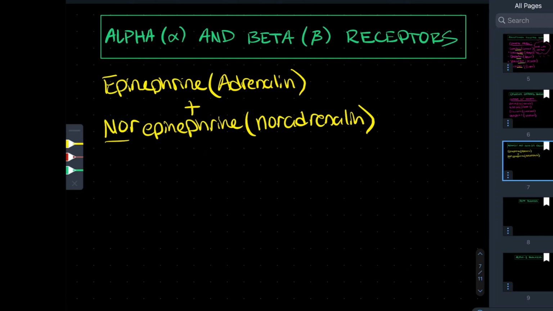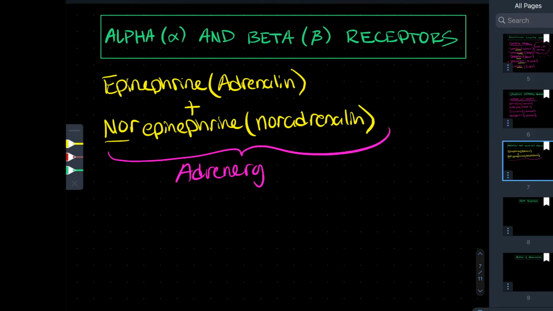And this is super important to know because there are a lot of questions about how epinephrine and norepinephrine interact, because a lot of drugs target these systems. Another really good thing to know is that this system is called the adrenergic system. And just remember, adrenaline, adrenergic.